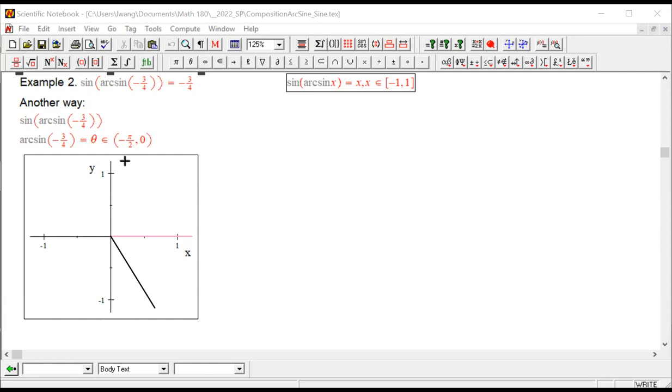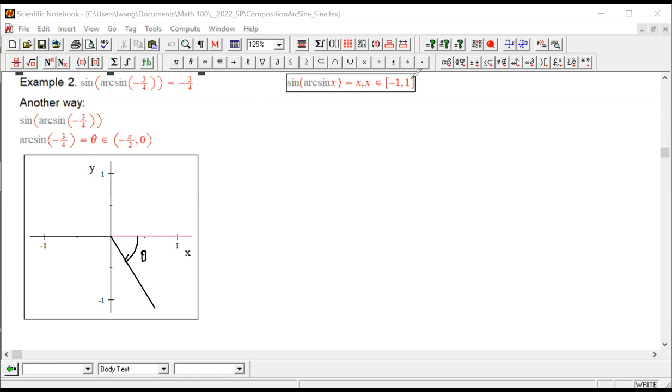From 0 to pi over 2, those are all positive ratios. And beneath, clockwise, there will be negative sine ratios. Therefore, we know that this angle theta is measured clockwise. So this is theta.